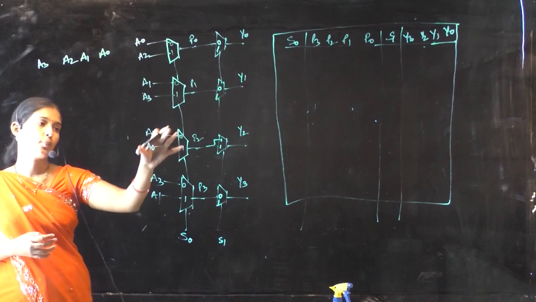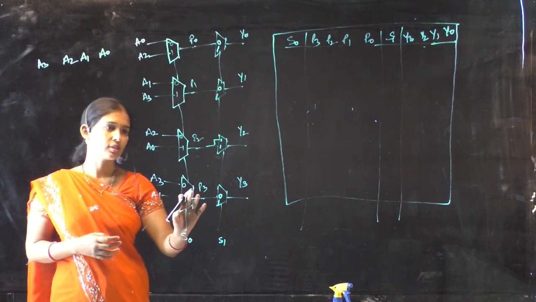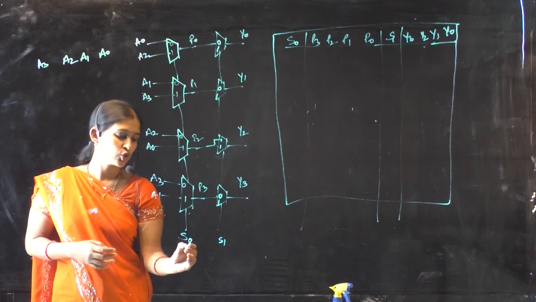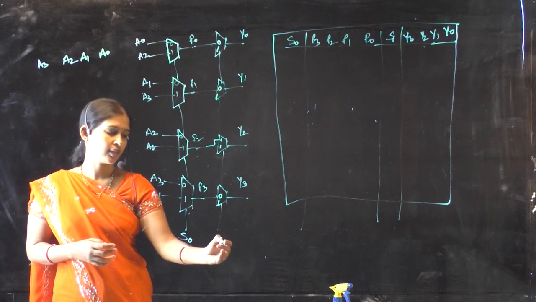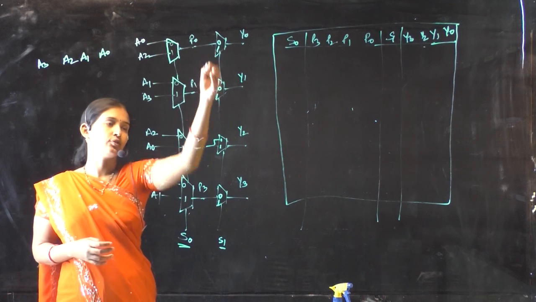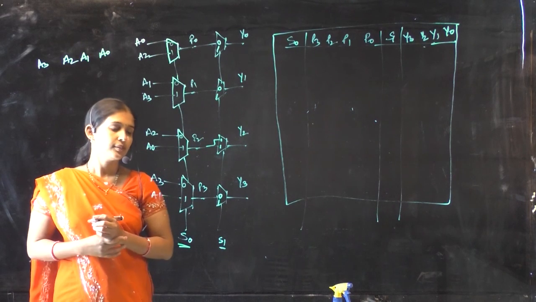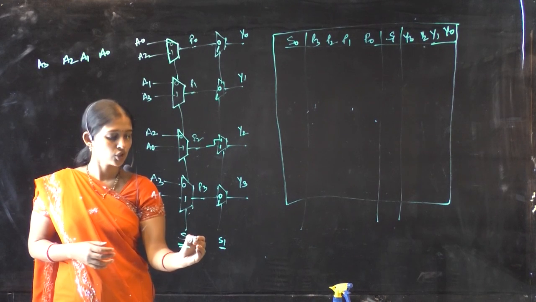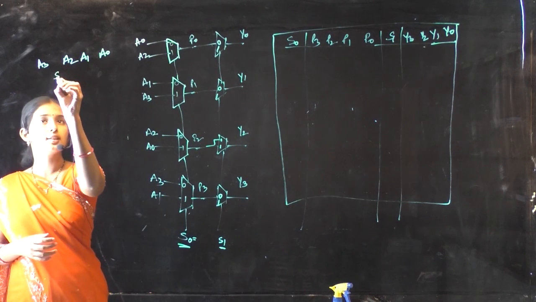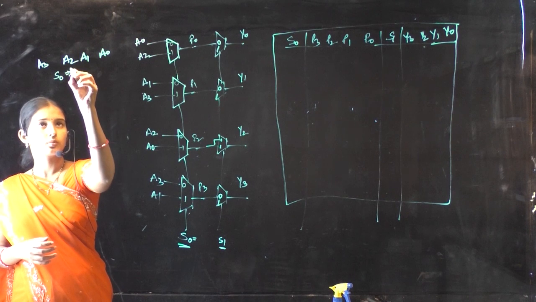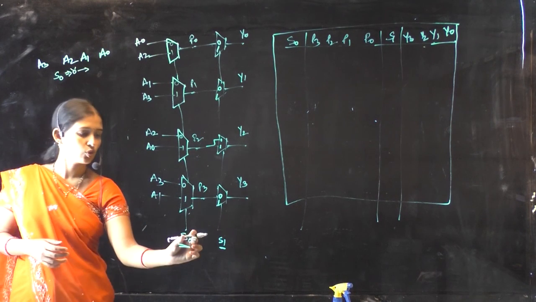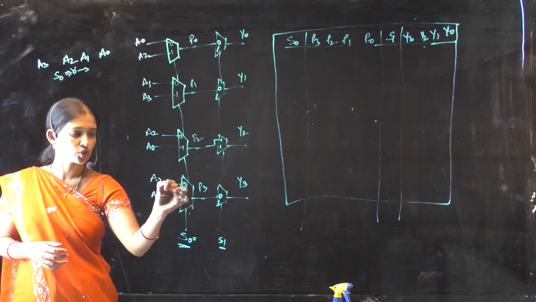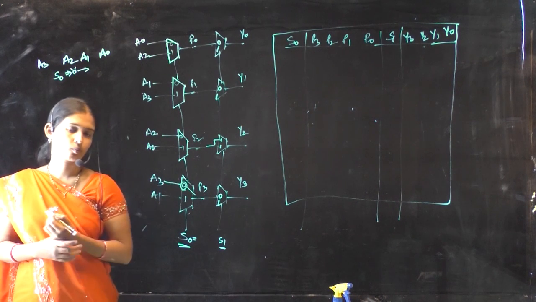That is given to 2/1 multiplexers, and the outputs are P0, P1, P2 and P3. This is your selection line: S0 is the selection line, whereas S1 is the selection line for another multiplexer. As you all know, if the selection line S0 is equal to 0, whatever data is available at this position will be at the output.